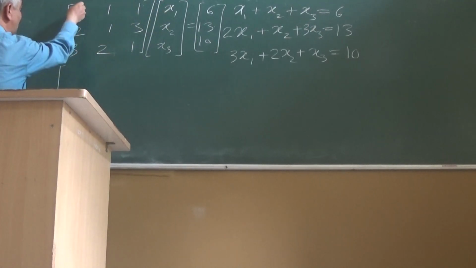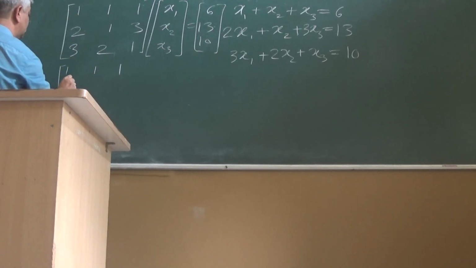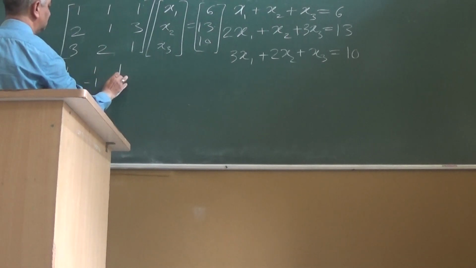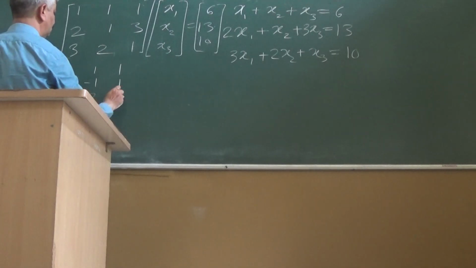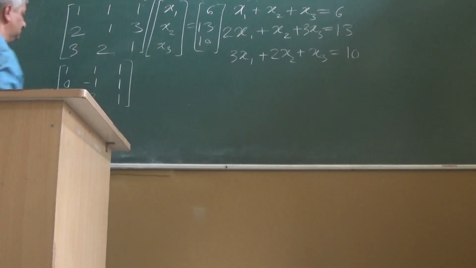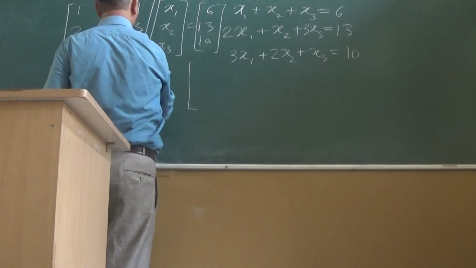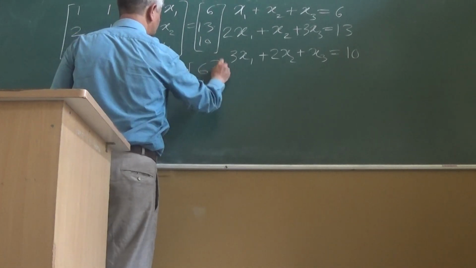So R2 minus 2R1 gives 1, 1, 1, 0, minus 1, 1, and on this side, 6, 1, 10.